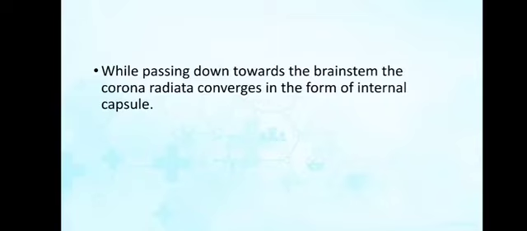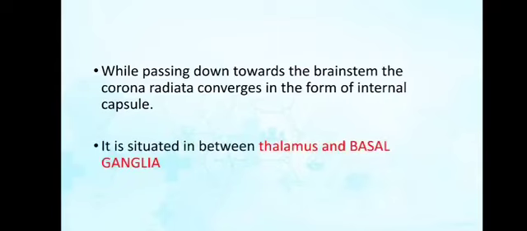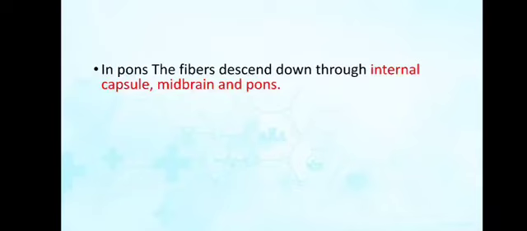Now it passes down towards the brainstem and the corona radiata converges in the form of the internal capsule. It is situated between the thalamus and the caudate nucleus of the basal ganglia, which is known as the internal capsule, and it will pass down through the internal capsule.